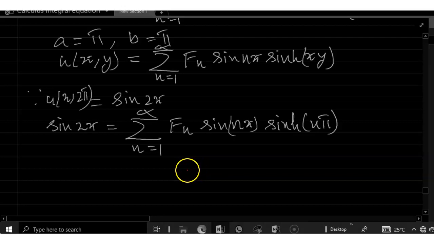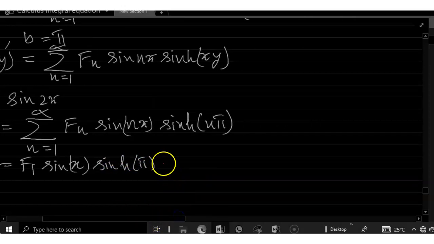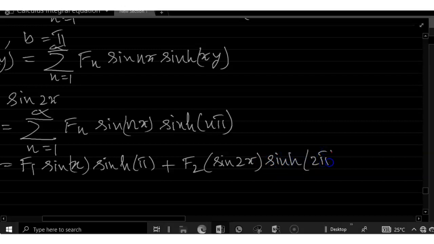So it can be written f1 sin x sinh pi plus f2 into sin 2x sinh 2 pi.